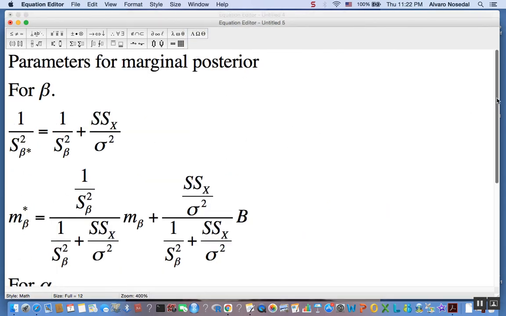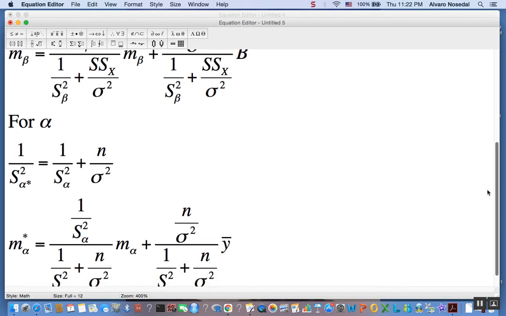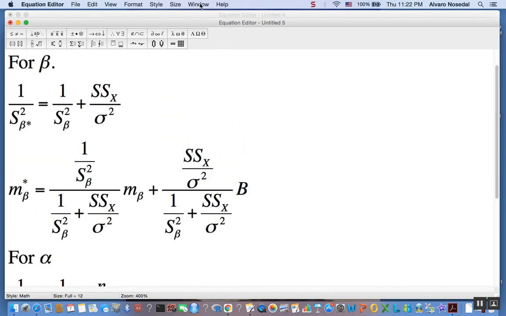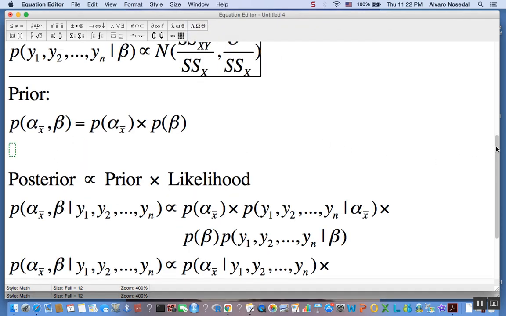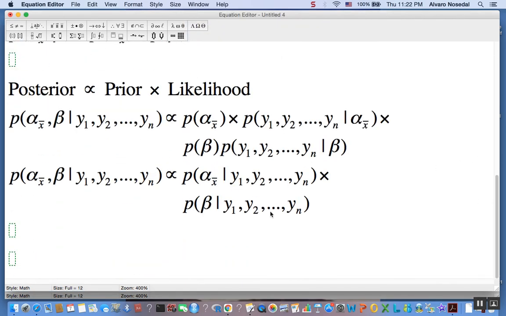And then the joint posterior is going to be just the product of those two marginal posteriors, those two posterior normal distributions. Make sense? Okay, well, that's it for now.